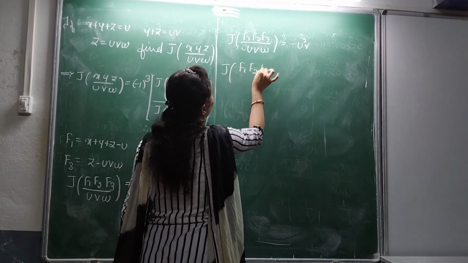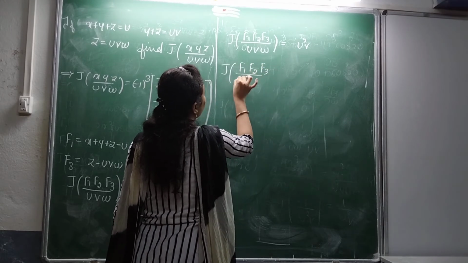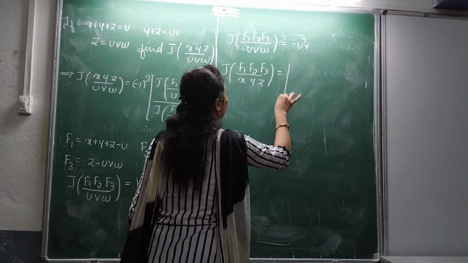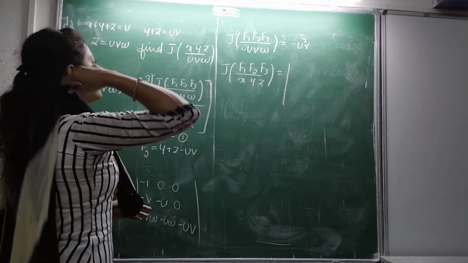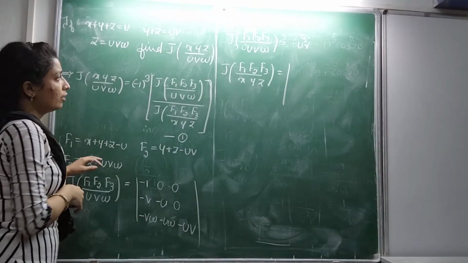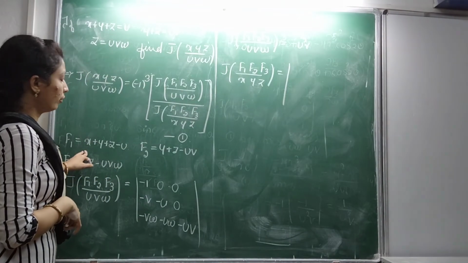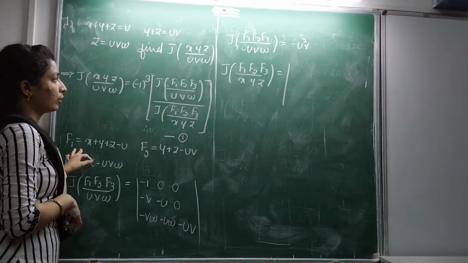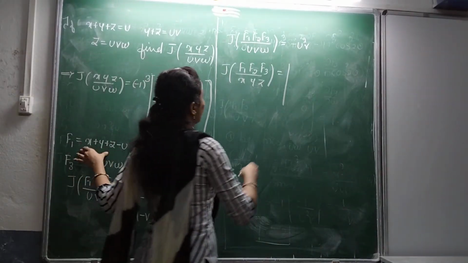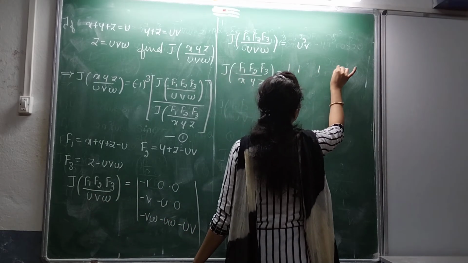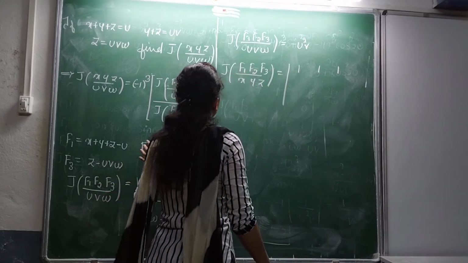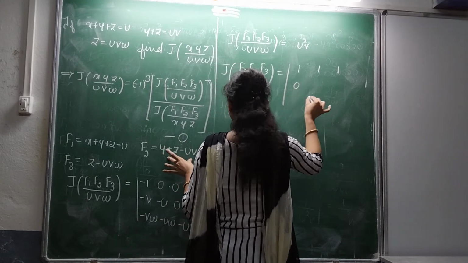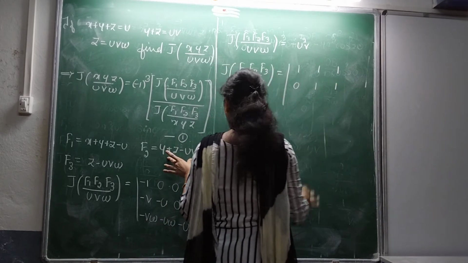So next we have to find the Jacobian of (f1,f2,f3) with respect to (x,y,z). This is equal to the determinant of first row f1 with respect to x, y, z, second row f2 with respect to x, y, z, third row f3 with respect to x, y, z. So first row is 1, 1, 1. F2 with respect to x, y, z: no x, so 0, y means 1, z means 1.